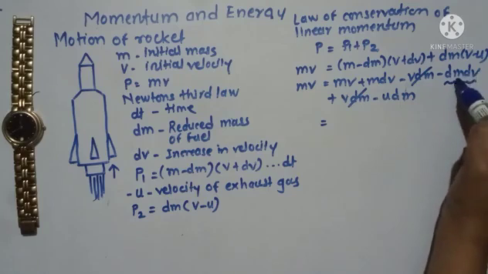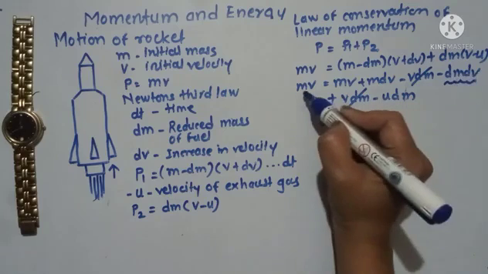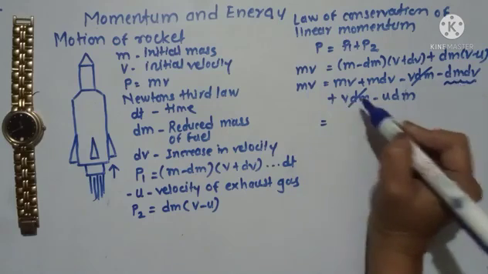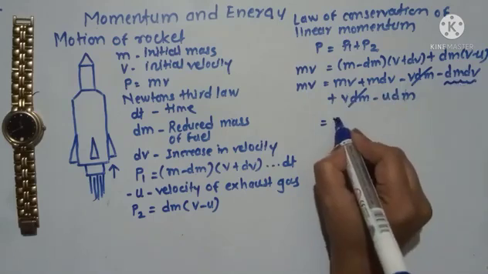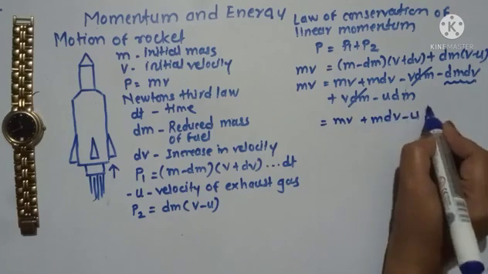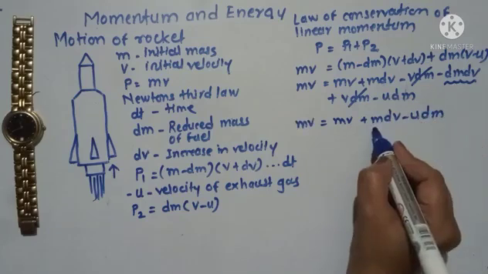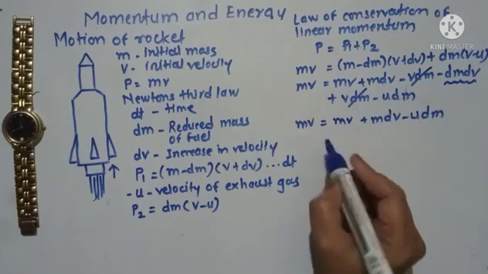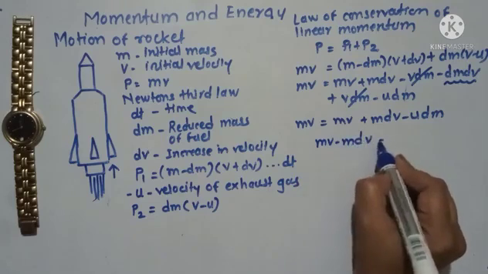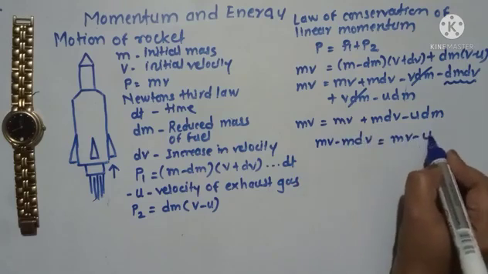So the multiplication dm into dv, as compared to m into v, can be neglected. So what terms are we remaining with? mv plus m dv minus u dm. This gives mv is equal to mv plus m dv minus u dm.